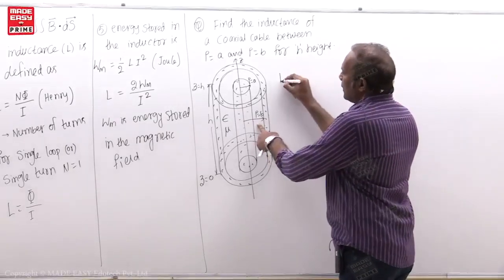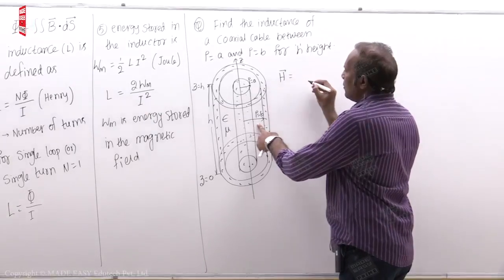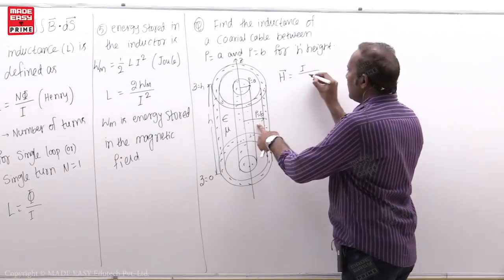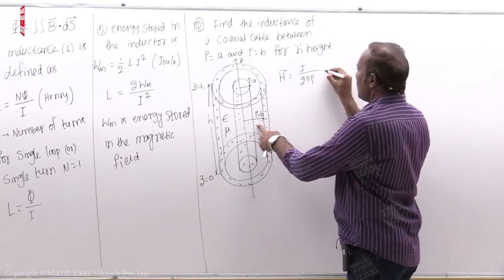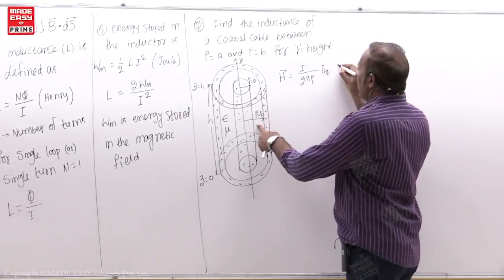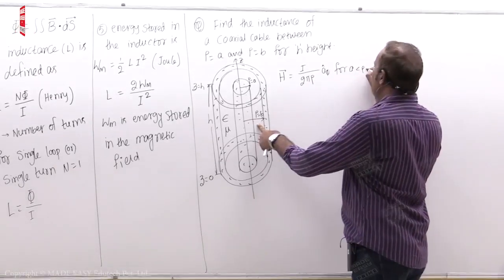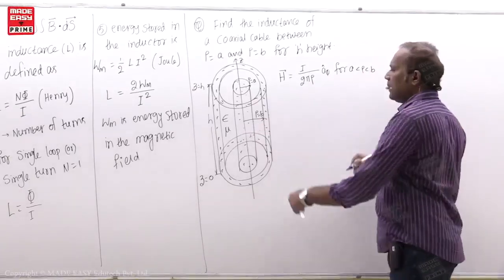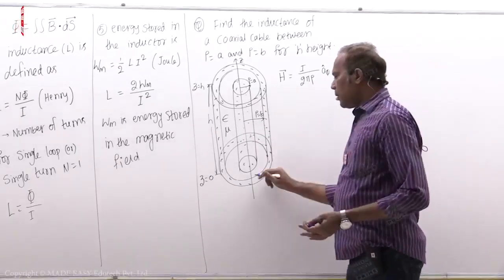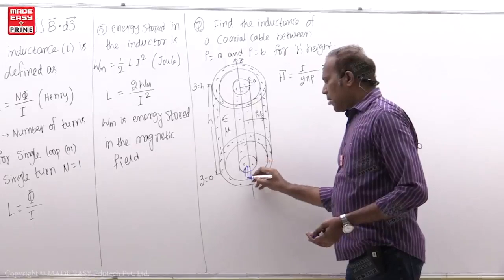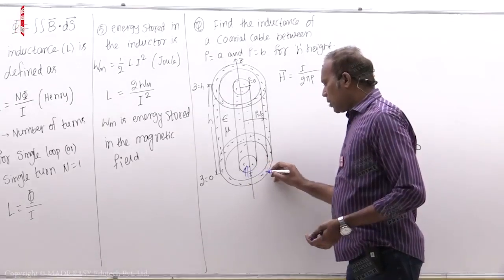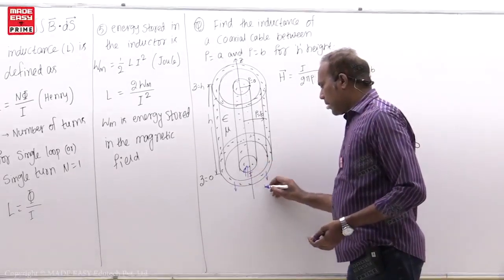So already you know that H bar is equal to I divided by 2 pi rho a phi for A less than rho less than B. In this coaxial cable, total current I goes in the inner one, and in the outer one the current I comes in the down direction.